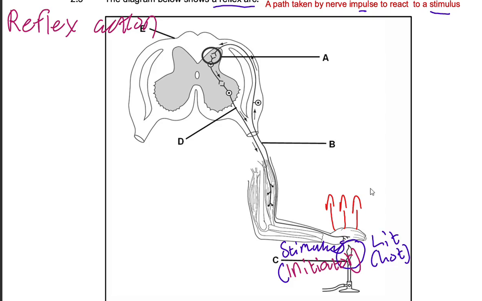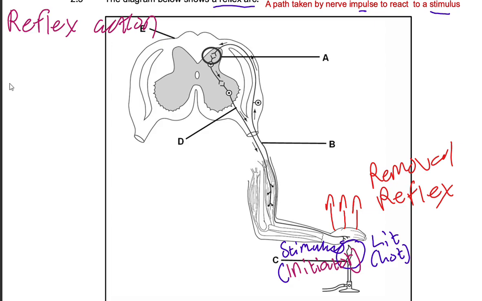Now, the removal of the hand is what we call a reflex, or a reflex action. Now, for this person to be able to remove their hand away from this lit candle, we actually need several components, which a reflex arc consists of.